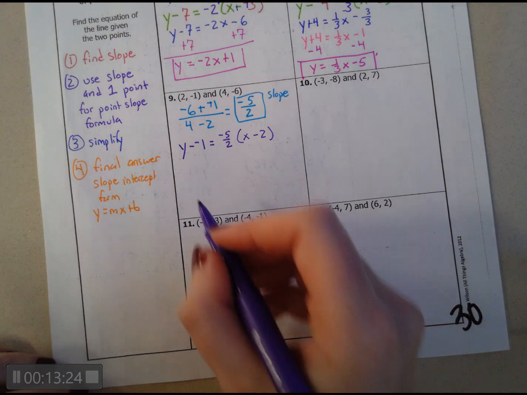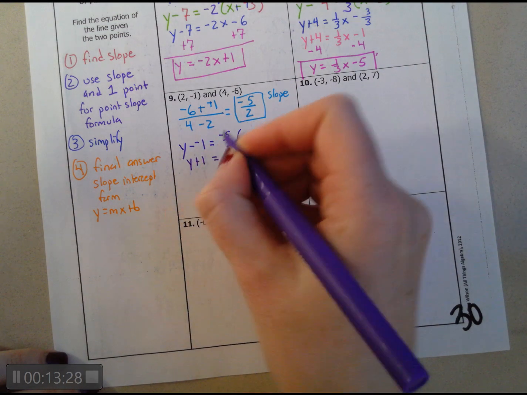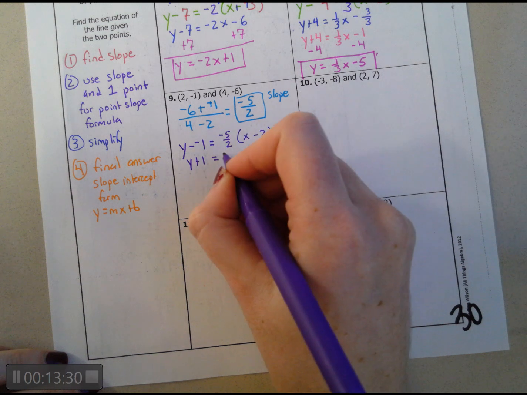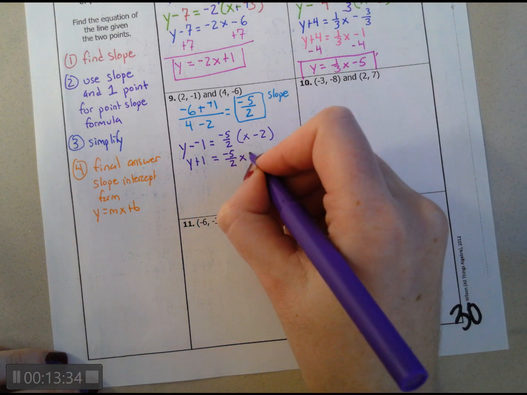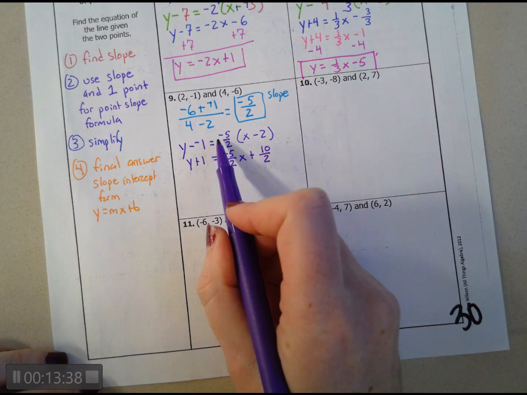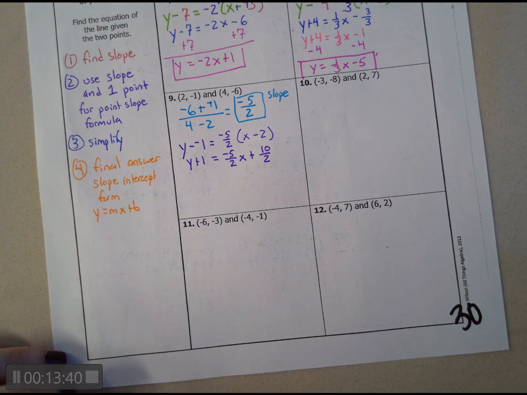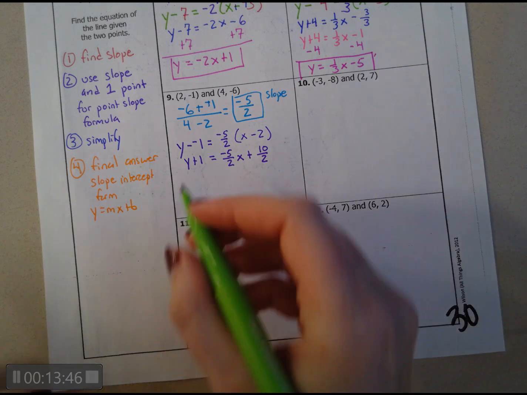Okay? Alright, y minus negative 1, y plus 1 equals, and you're going to distribute, so negative 5 over 2x plus 10 over 2 becomes a plus because negative 5 times negative 2. Alright, I'm going to switch up my colors again because I forgot to do that in the last step.